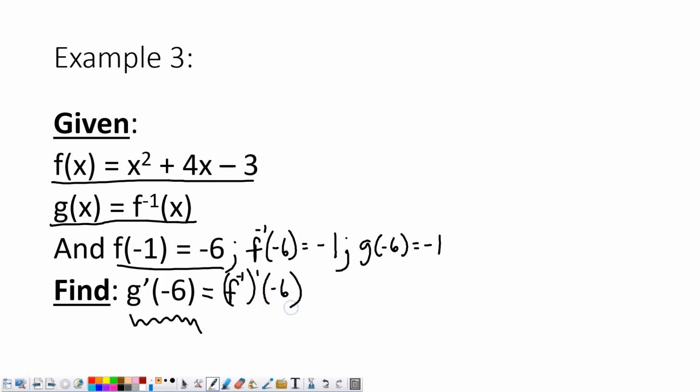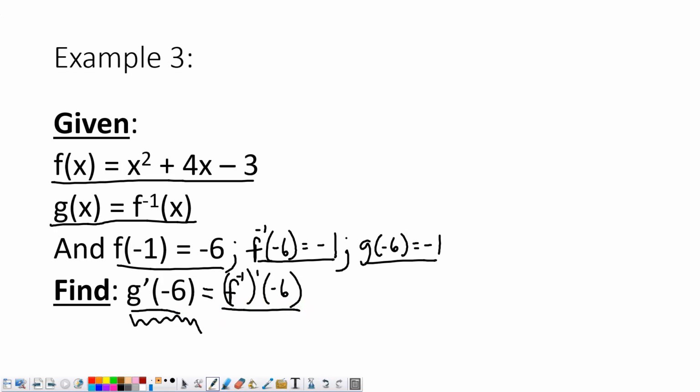I find it a little irritating myself. Why don't they just call it one thing so we don't have these two different names up here? Well, I don't know. It's just how problems are sometimes. So just be aware that you can call it either f inverse or g. Or you can call it g prime or f inverse prime, but they're the same thing, okay?